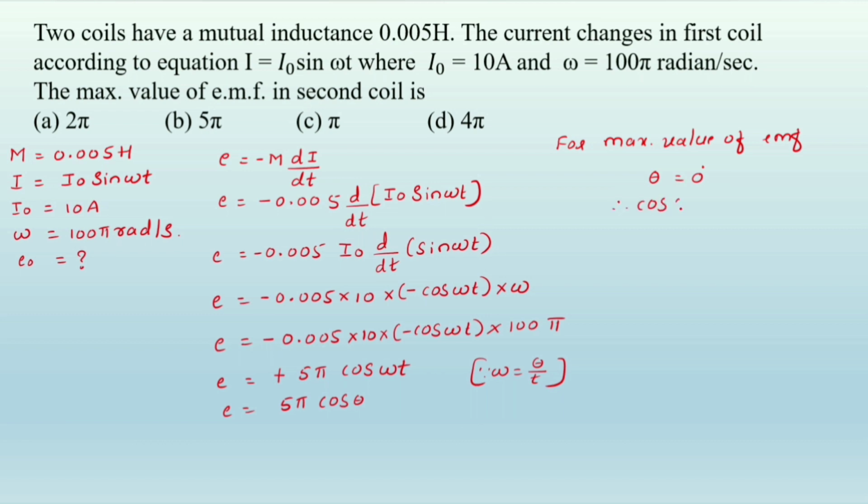Therefore, cos theta is cos 0, and cos 0 will be 1. So the equation for maximum value, we can write it as E naught equal to 5 pi. So cos 0 means 1, so we get the value 5 pi. Maximum value of EMF induced in the second coil is 5 pi, that is option B.